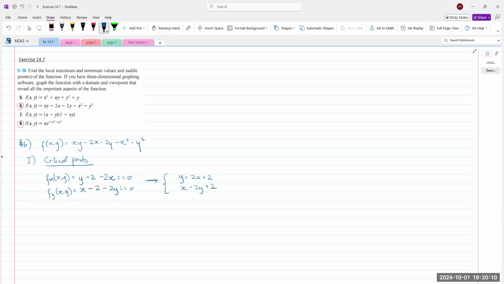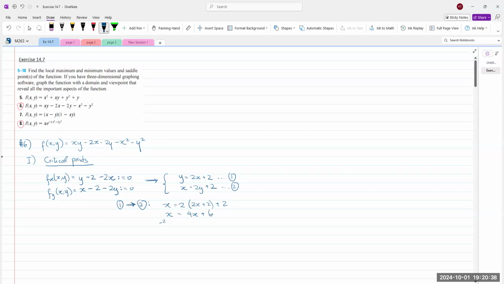How do we solve this? Let's do substitution. Call this equation 1, equation 2. So equation 1 into equation 2 gives us x equals 2 times y, which is 2x plus 2, plus 2. x equals 4x plus 4 plus 2, that's 6.